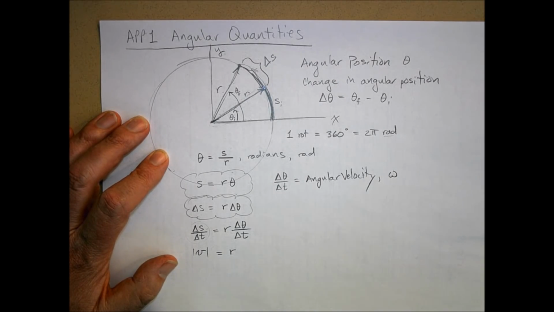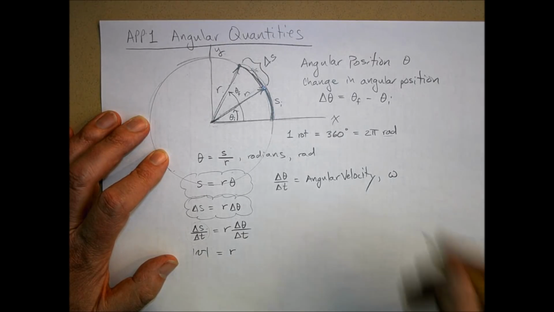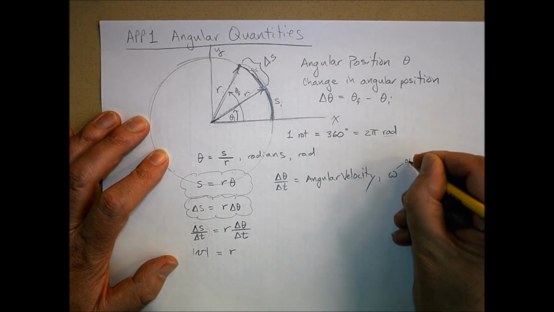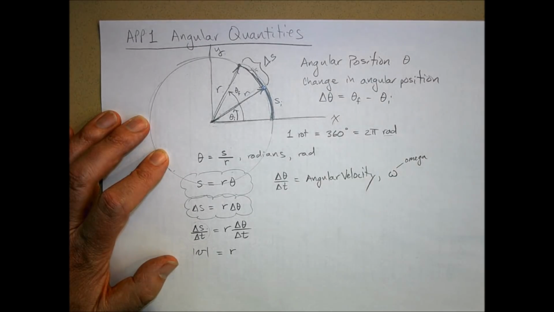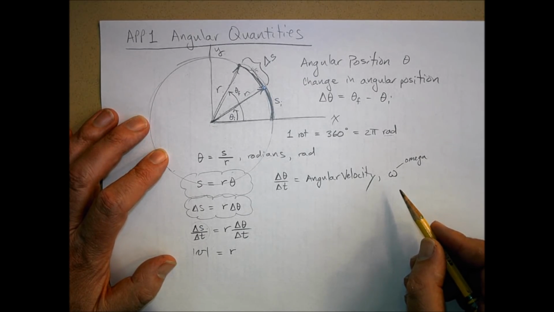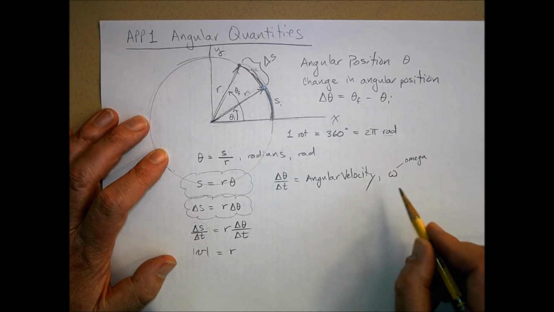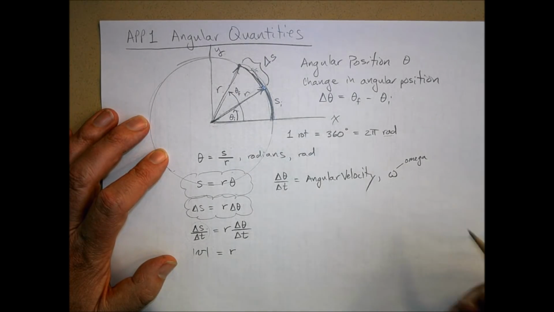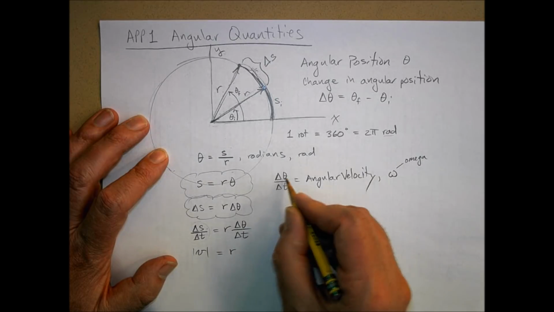And that's just a rule of thumb. It's just arbitrary by convention. This is a lowercase omega. If you really want to irritate me, you call this a W. Why did I tell you that? No, it's an omega. And what units does it have? Radians per second.